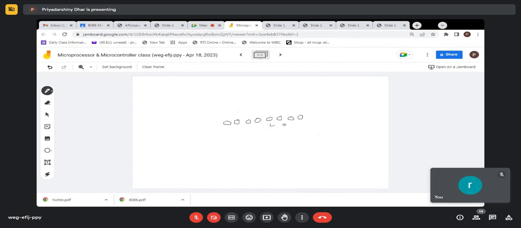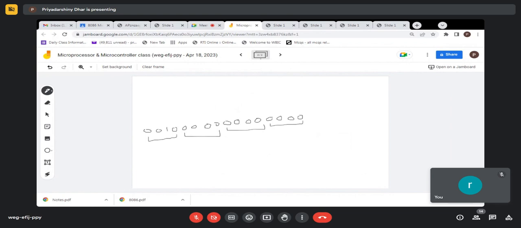Now in binary we can write 0010 0000 0000 0000. So we have to shift this left hand side 4 times.